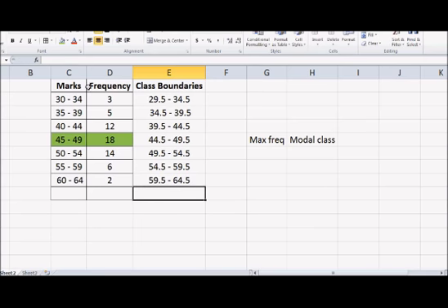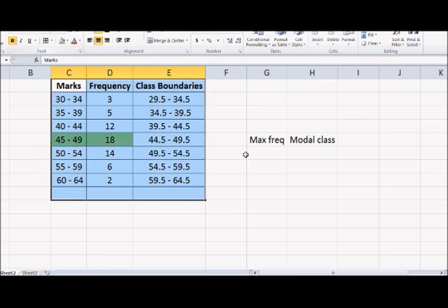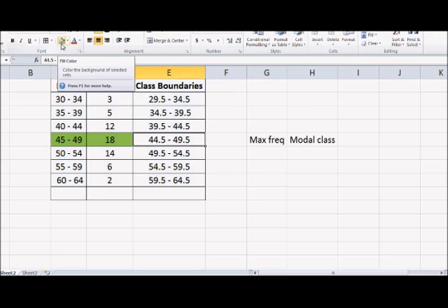Okay, so we need to arrange the class boundaries, and always bear this in mind because, just for the sake of looking at the regularity of the data, you may forget at times. So we need to arrange the data in the continuous form by rearranging the class boundaries.